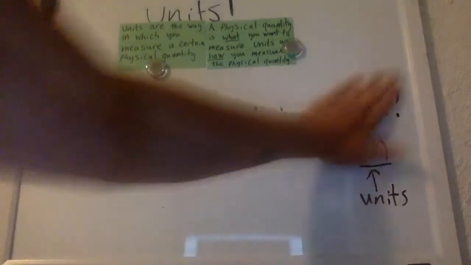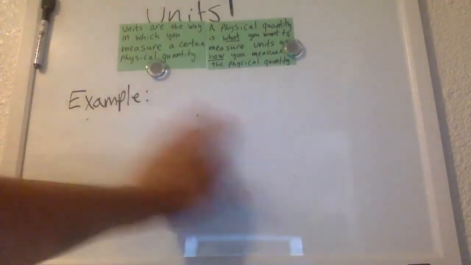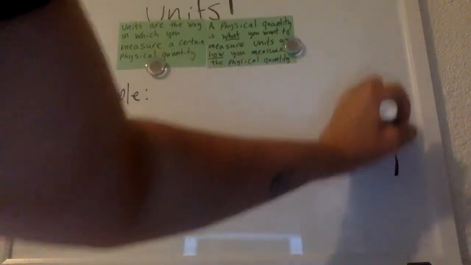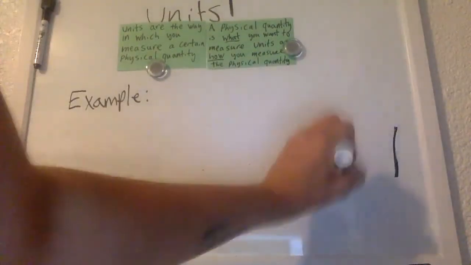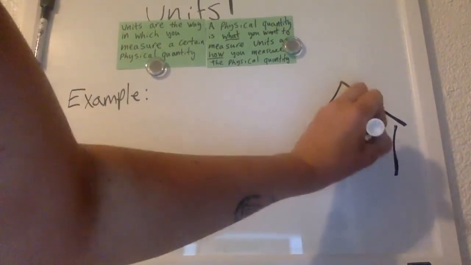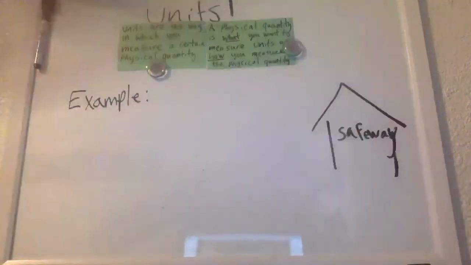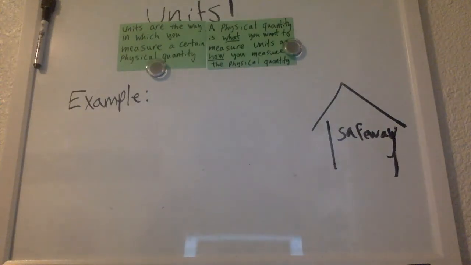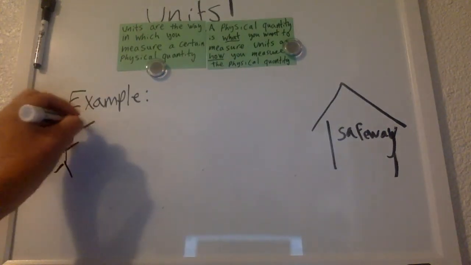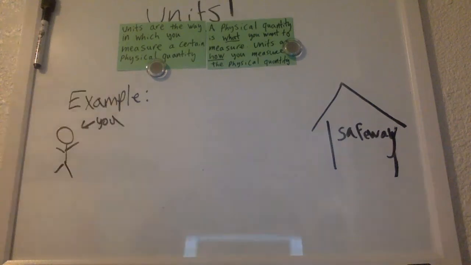So let's say somebody is asking for directions and they want to know how far away Safeway is. You know, the store that's just like right around the block. Okay, so somebody is asking you, that's clearly an artistic rendition of you. I'm so good at art.